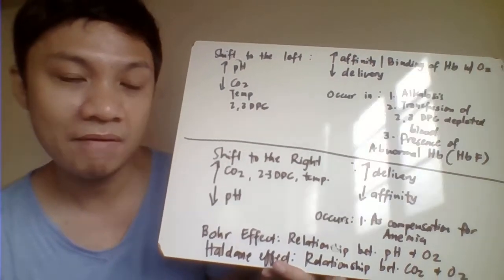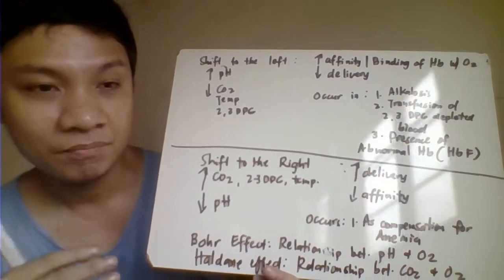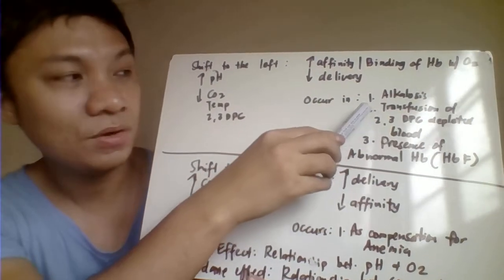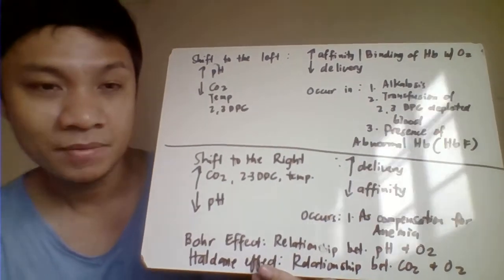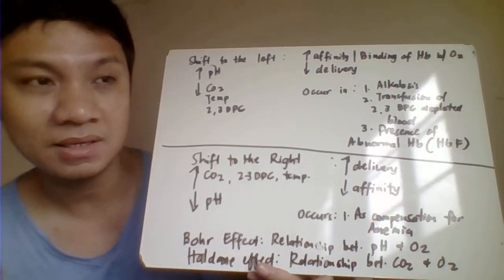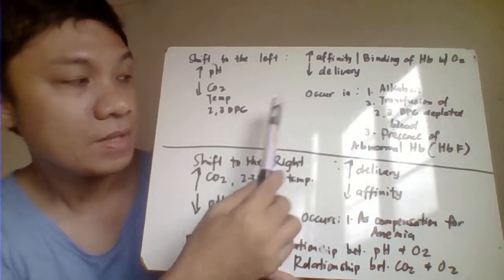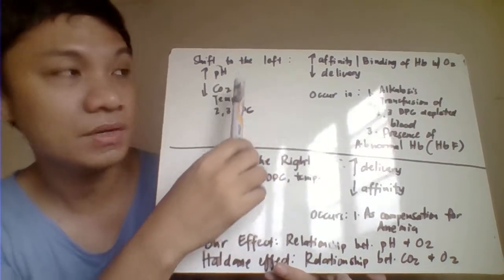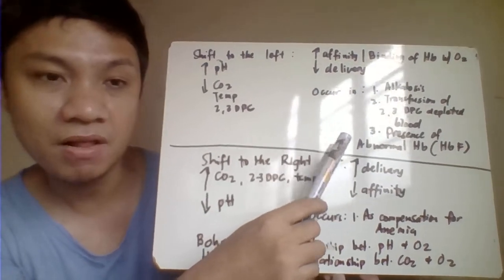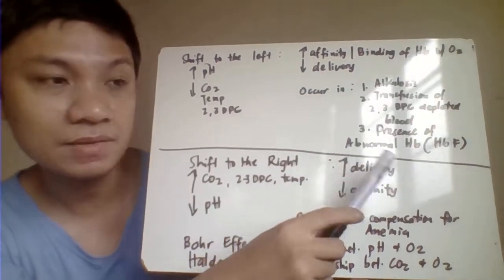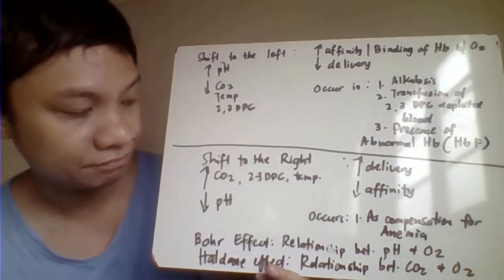Every day, bumababa ang level ng 2,3-DPG pag in-store natin sa blood bank ref ang blood natin. So, if you're transfusing the blood with 2,3-DPG depleted, na medyo matagal na siya pero hindi pa expired, medyo tumagal na siya pagka-extract at pag-store sa kanya, it would eventually have a decreased 2,3-DPG, and therefore it will shift your oxygenation curve to your left. Or maybe you have an increased level of abnormal hemoglobin, like for example, hemoglobin F, would also shift your oxygenation curve to your left.